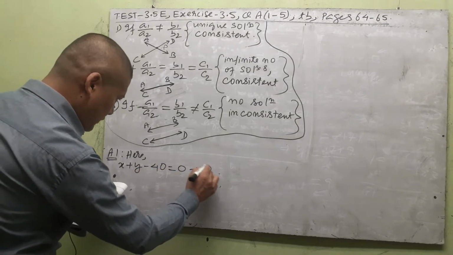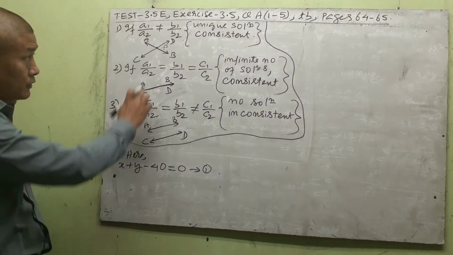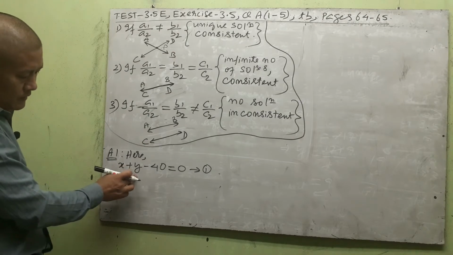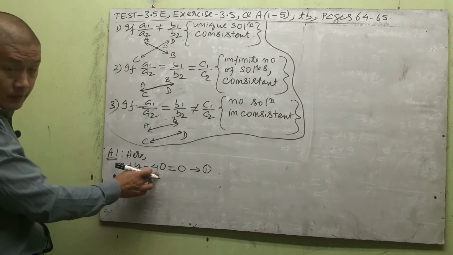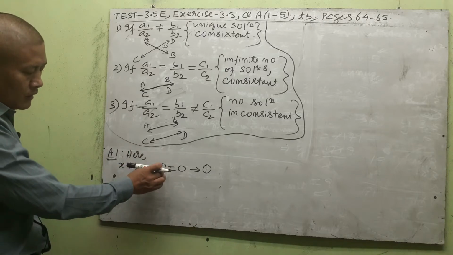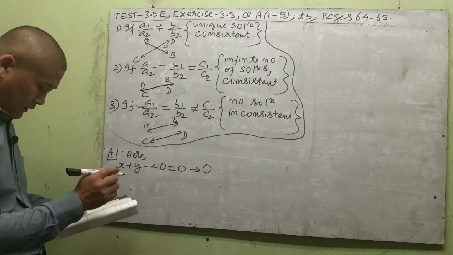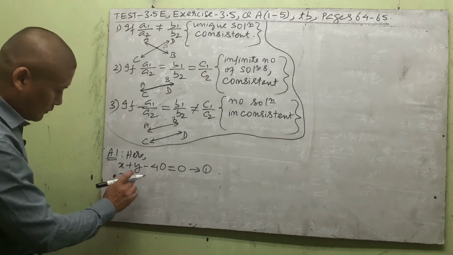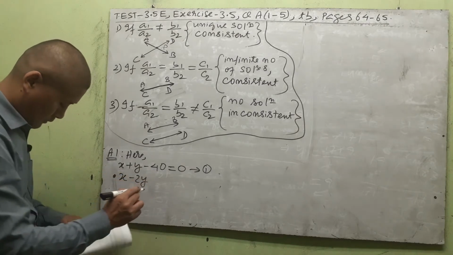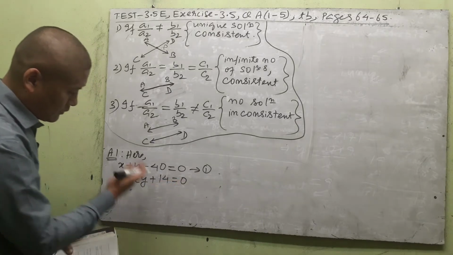Let's just keep it like this, because at least the x term should be in the first place, especially in this exercise where we're dealing with the three conditions. The x term should be in first place, the y term in second place. And the one having no x and y factor is called c1. The second one should be like the first then, x minus 2y plus 14 equal to 0. So this is also okay.